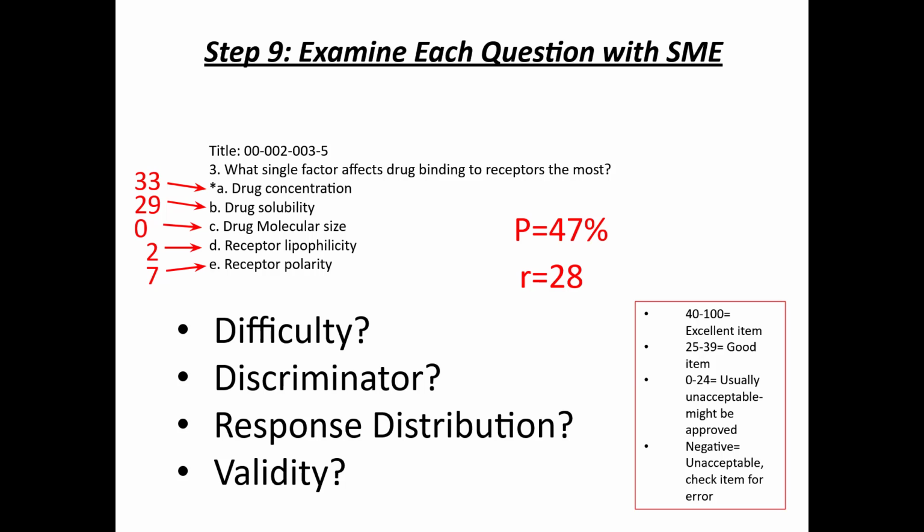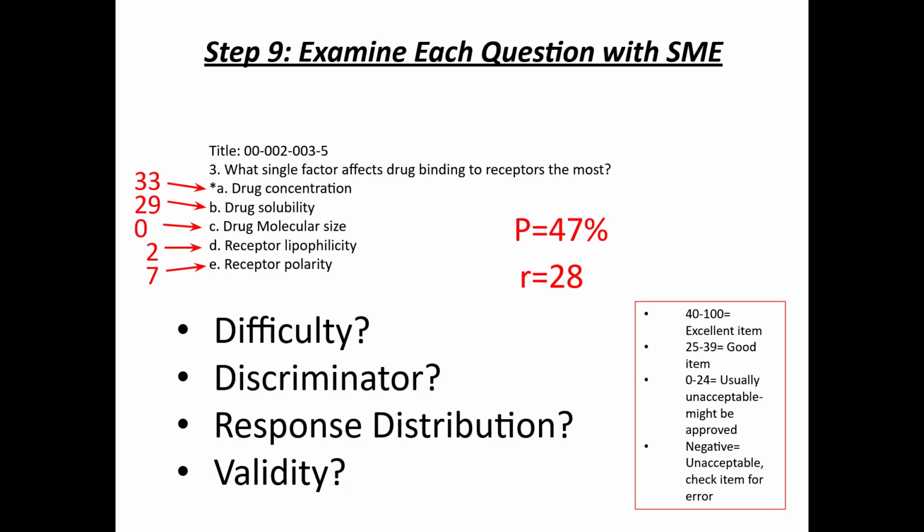But most of the people who got it wrong put drug solubility. That's interesting. So difficulty is okay, it's difficult. Discriminator is okay, it's good. The response distribution is kind of interesting in that you have to say, why did so many people put drug solubility?